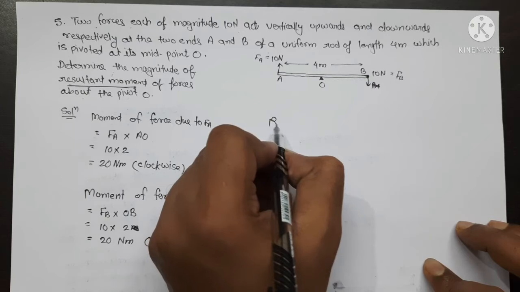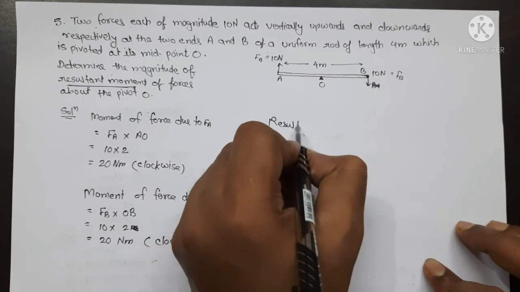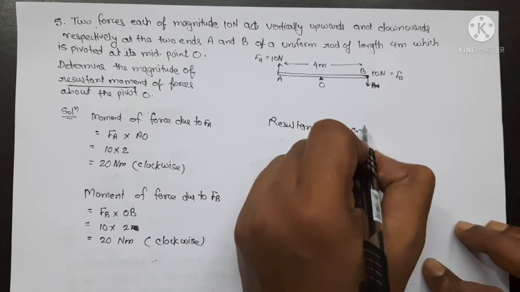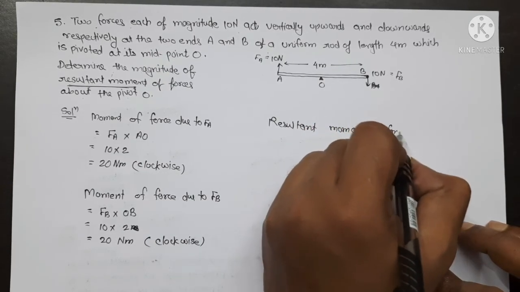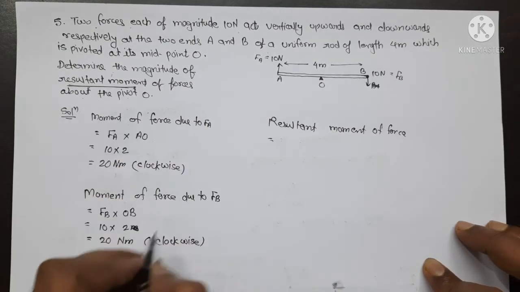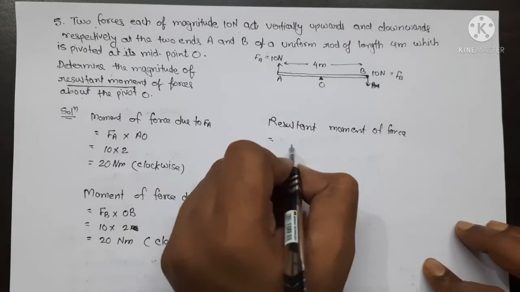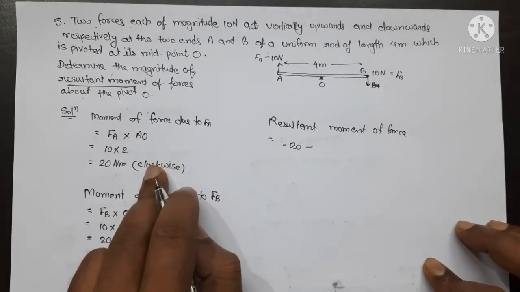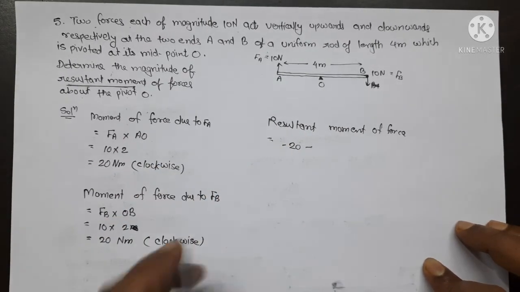Now the resultant moment of force will be what? It will simply be the sum of these two moments of force. See, this is minus 20. Why? Because it is clockwise direction, and clockwise is negative. This is also minus 20.